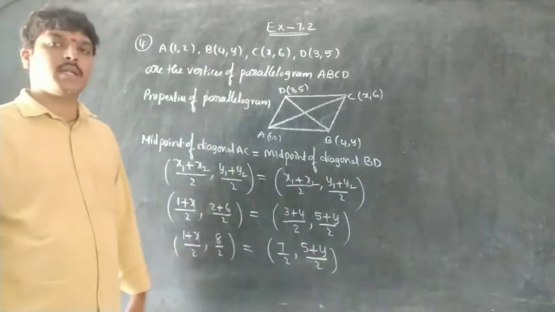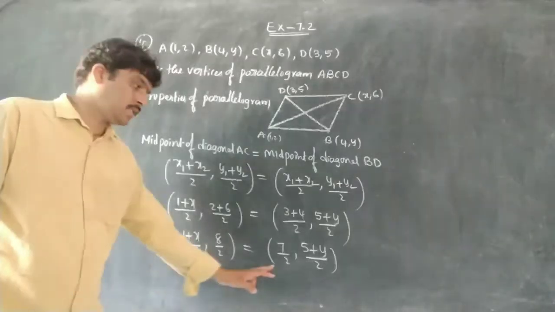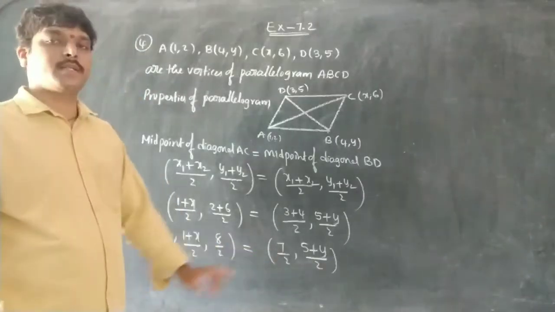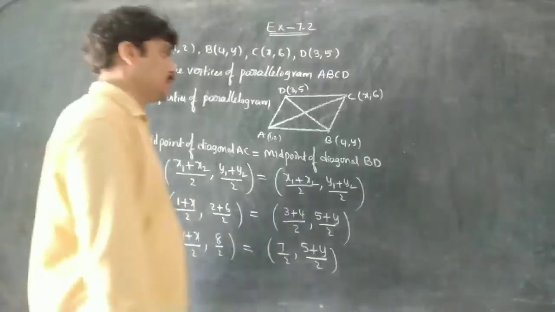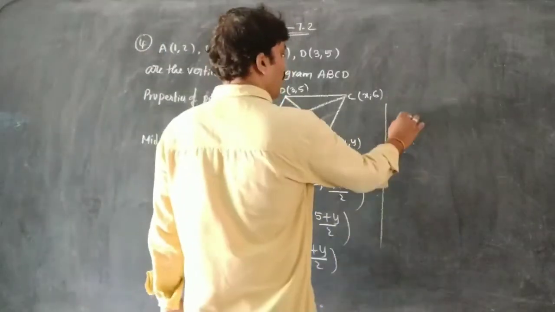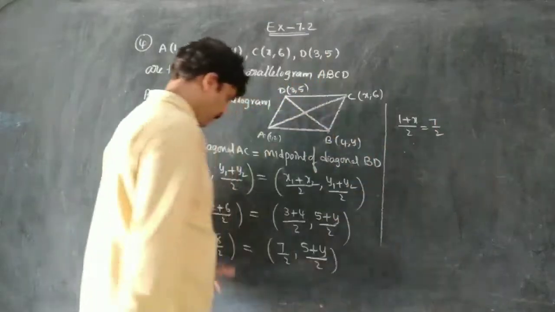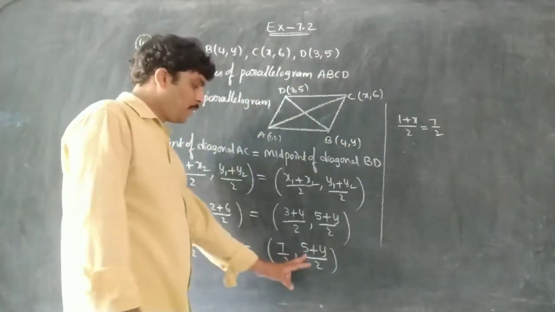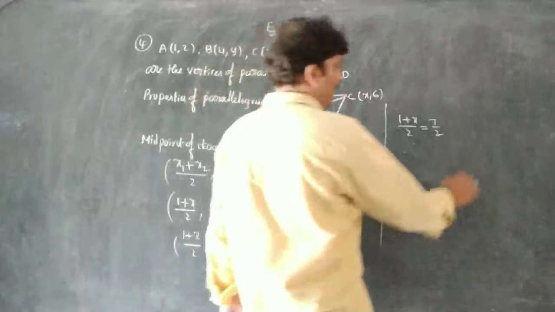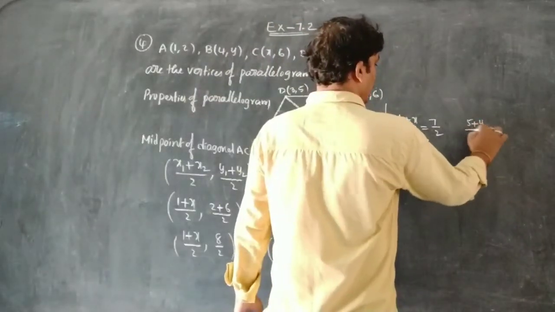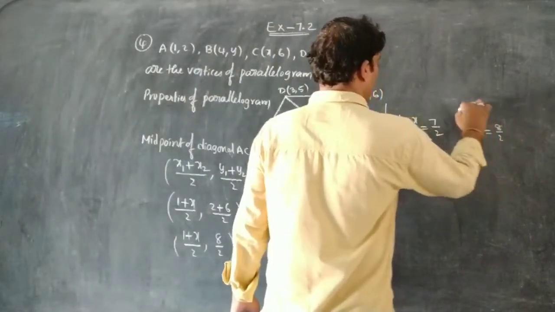If 2 points are equal, their x coordinates are equal and y coordinates are equal. X coordinates: 1 plus x by 2 is equal to 7 by 2. Next, 5 plus y by 2 is equal to 8 by 2.